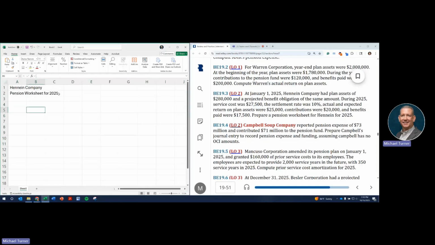So the first three columns will allow for general journal entries. The second two columns will have our memo record.